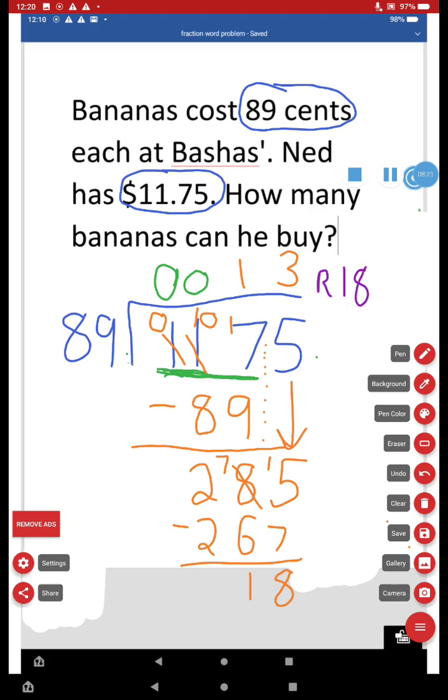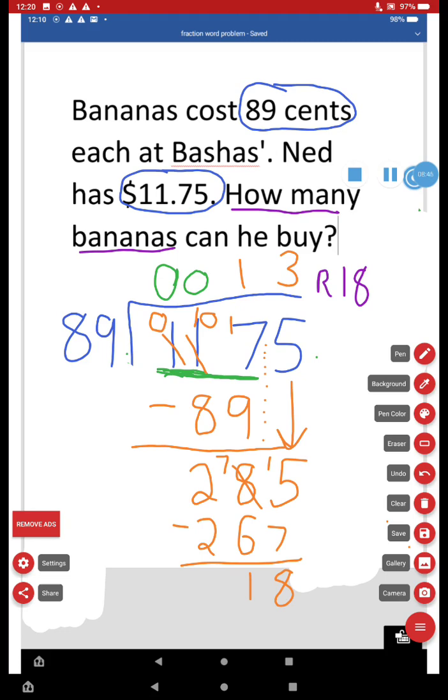Last week and yesterday, you would have been done already. But since today we're working with a word problem, the final step of solving a word problem is to look at a label. Well, what's the problem asking me? It's asking me how many bananas can Ned buy? And I got 13, remainder 18.